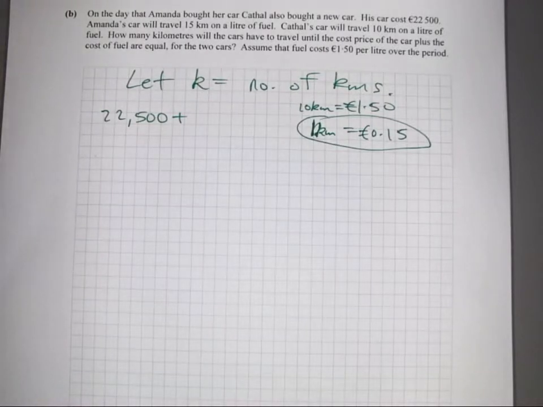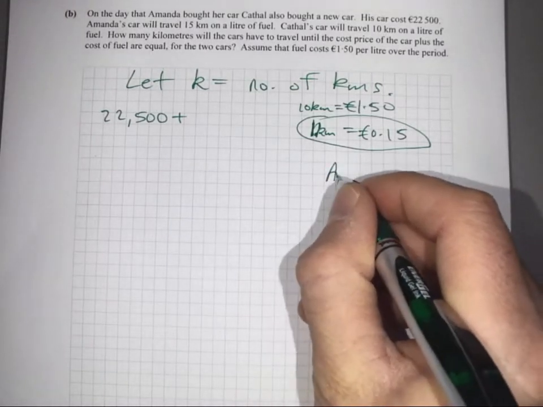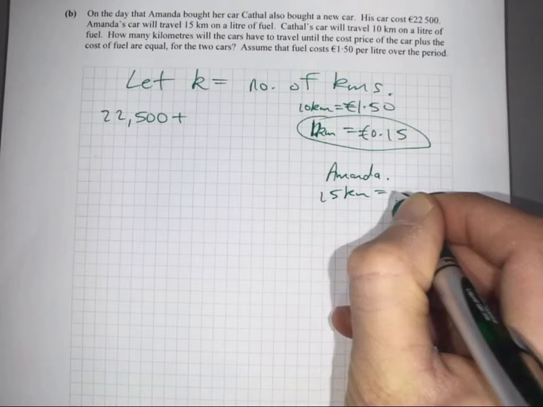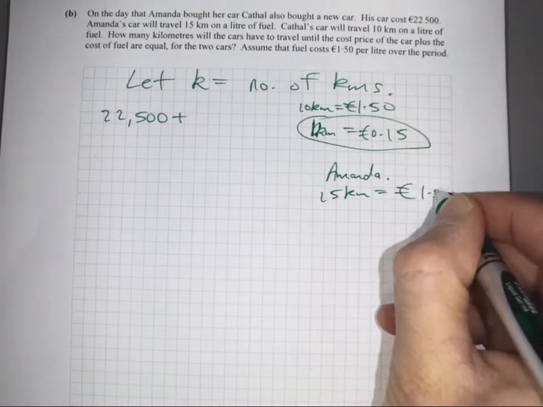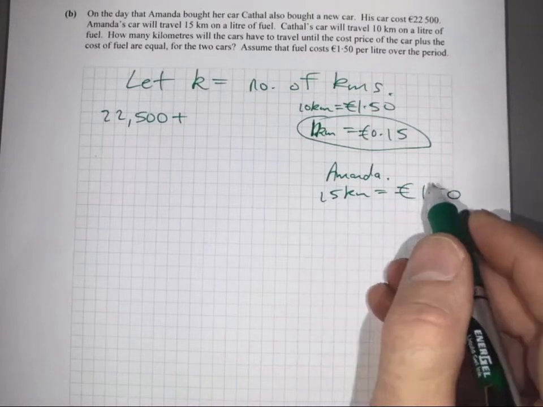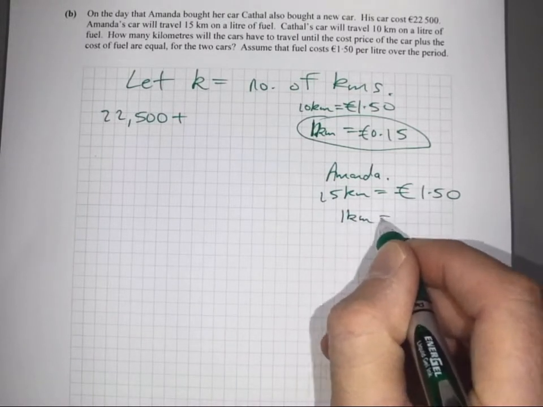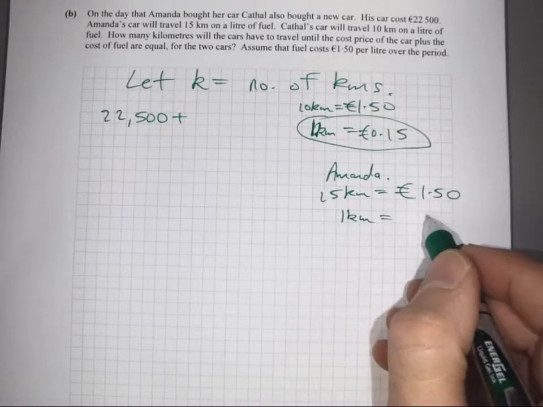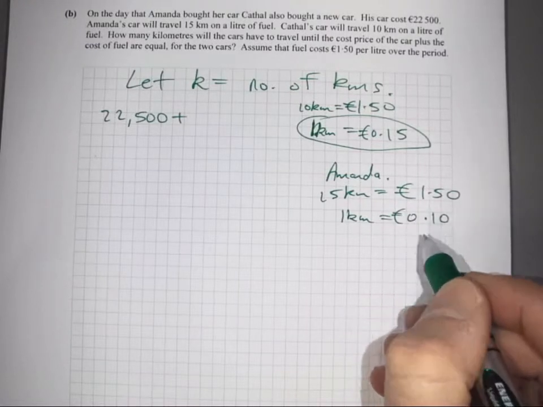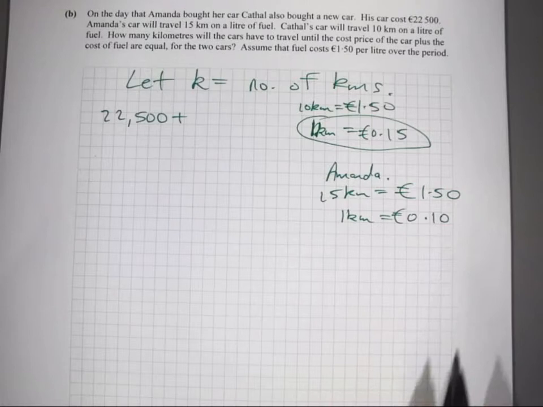For Amanda, that's going to be a different price per kilometre, because she gets 15 kilometres for every 150 spent on fuel. If we divide both sides by 15, we get 1 kilometre equals 10 cent. So for Amanda, each kilometre costs 10 cent.